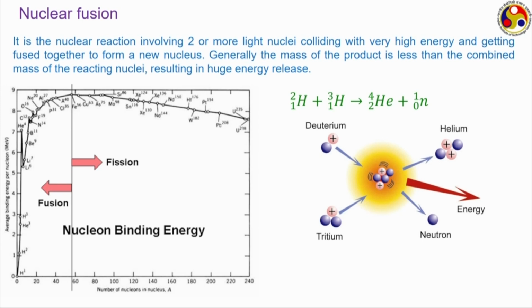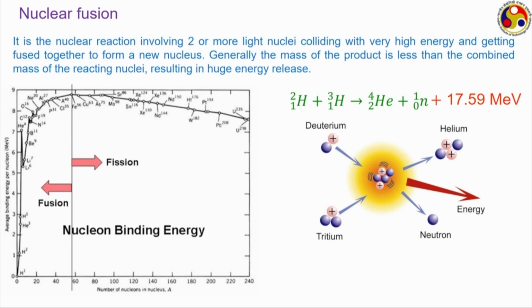Now, writing this equation, 1H2 plus 1H3 will be equal to 2He4 plus the neutron plus energy, and how much? About 17.6 MeV of energy. That is, just by combining one deuterium and one tritium nucleus into a fusion reaction, we are getting about 17.6 MeV of energy.